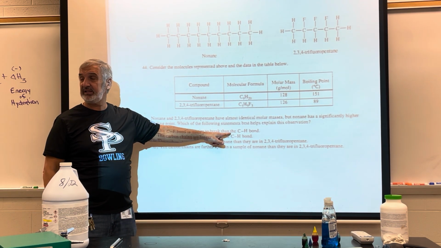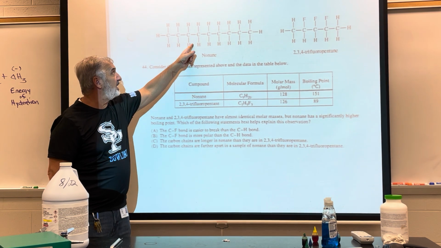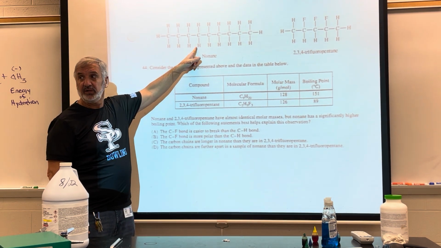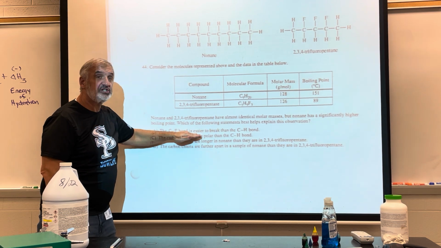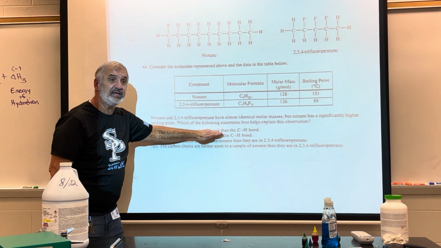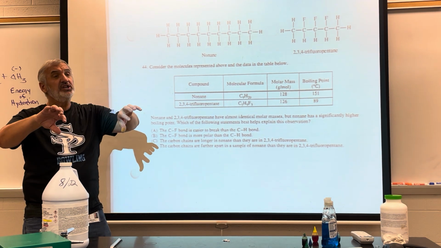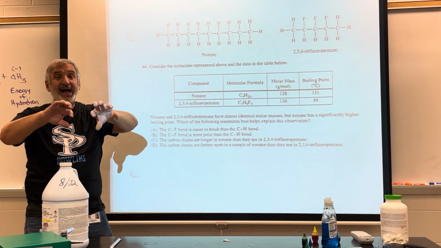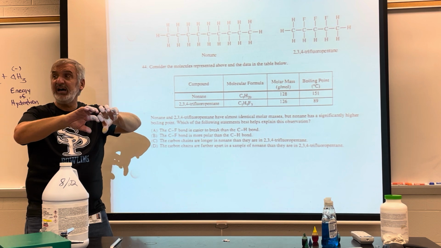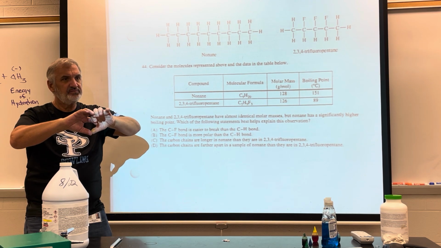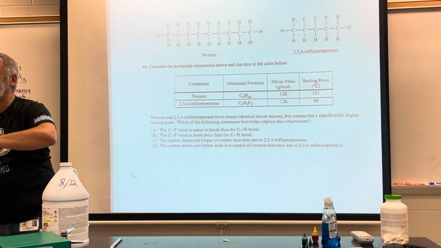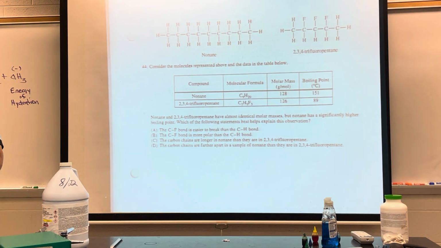Are we gonna break the covalent bonds within the molecule when we boil it? No, we're not gonna break these bonds. You're always gonna break IMFs, bonds between molecules. So your answer has to deal with IMFs, not covalent bonds. Whenever a covalent compound boils or melts, you're breaking IMFs, not covalent bonds.